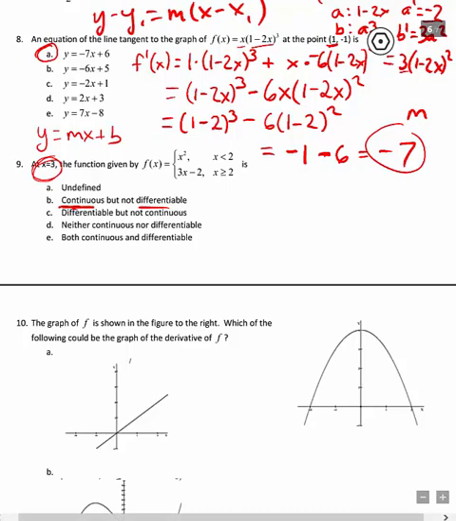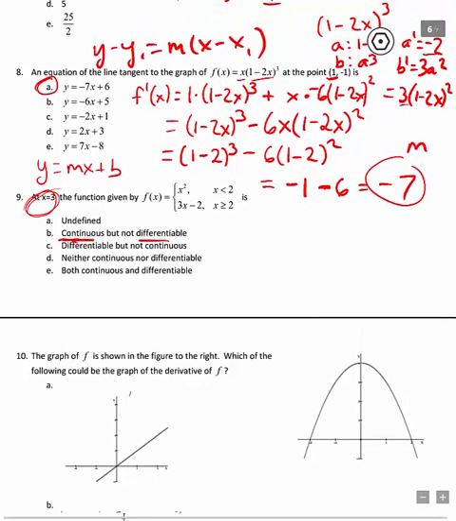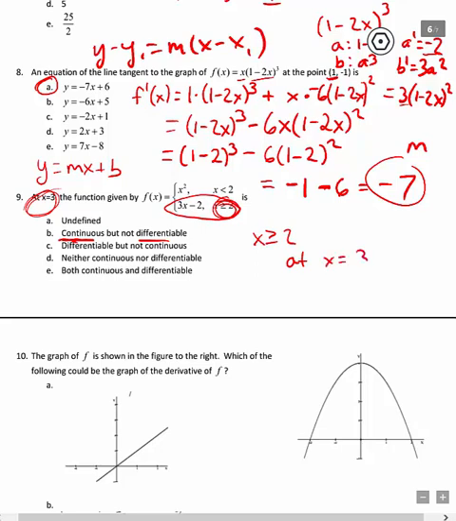So this is actually a question where if it really truly were x equals 3, then we would only need to check this part right here, because see how x is greater than or equal to 2, so at 3 it would be this case, and 3x minus 2 is both continuous and differentiable. That should have been the answer.